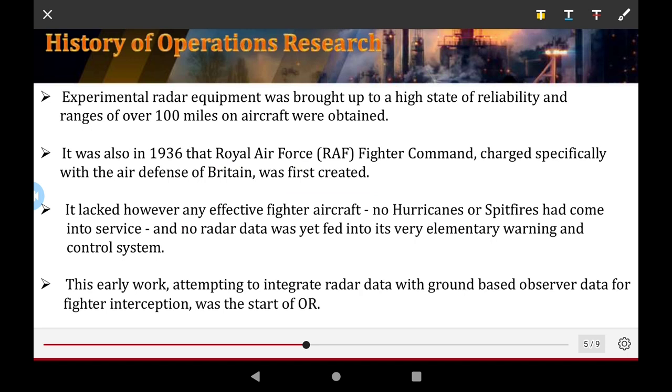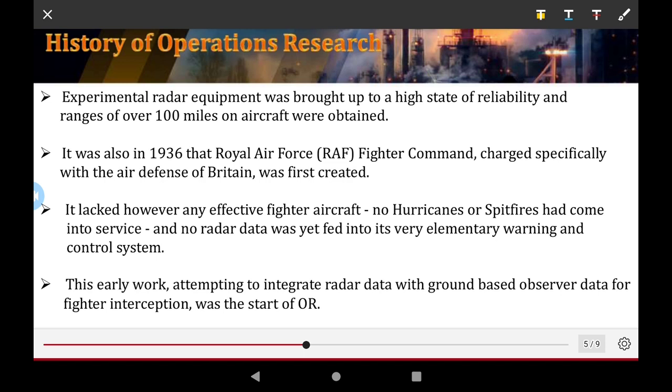Both the air force and army military actions were used for some of the experimental study of operation research.